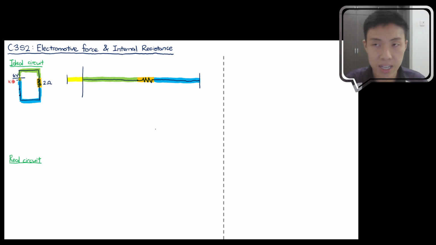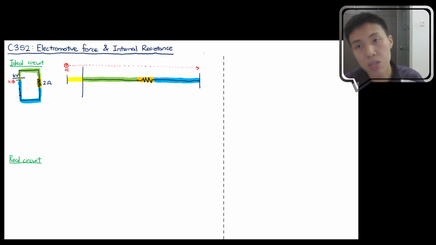Okay, so this is the ideal circuit that I'm going to investigate right now. Let's try to study what's happening over here. We have a 1 coulomb charge. Let's say this 1 coulomb charge will be traveling in circles, but let's just set the negative terminal as a starting position. Then it will go through the battery, come out from the battery, and go through this journey until it arrives back at the negative terminal.